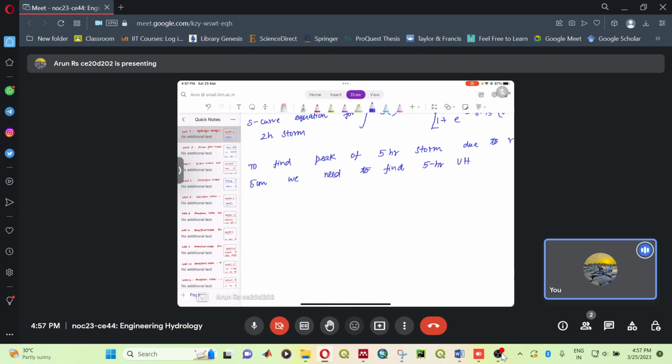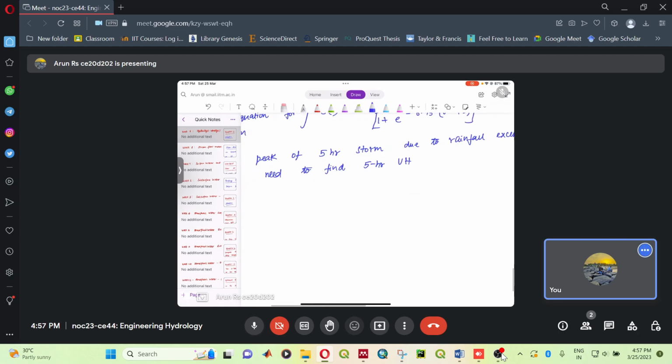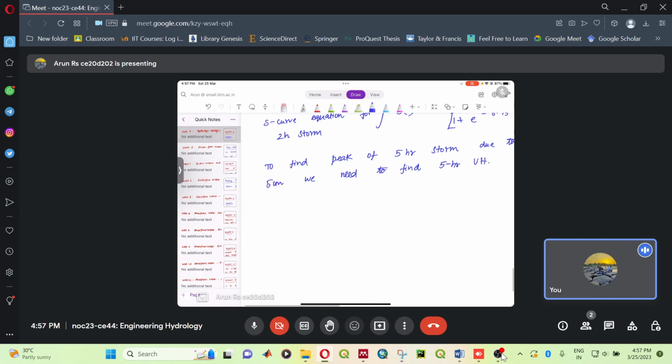So given is an S-curve for a 2-hour storm, but for a 5-hour storm and a 5-hour rainfall excess, we need to know what is the peak of the 5-hour unit hydrograph. So that is the first task.